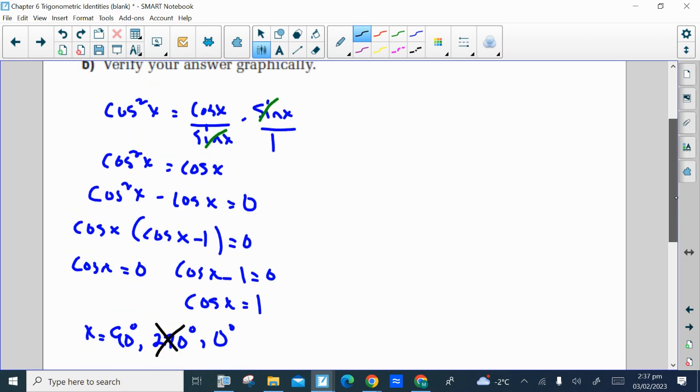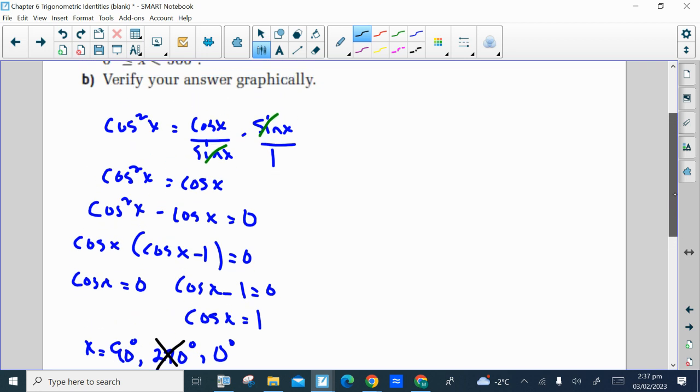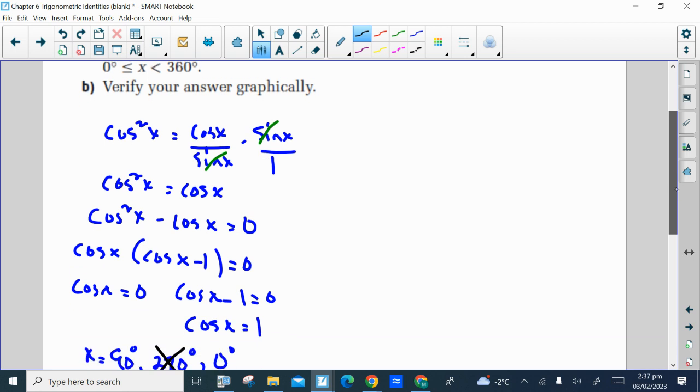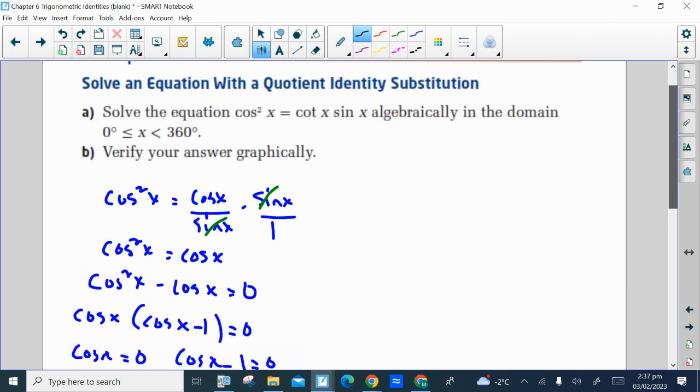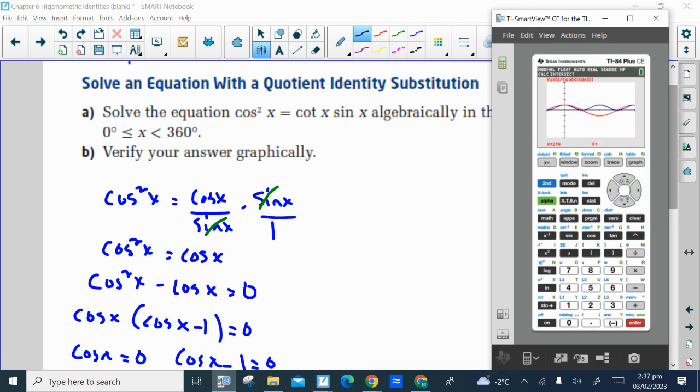Yeah? But it worked for the graph. Oh, and you know why? If we look at, because we did 1 over tan. So had we written it as cos over sine, then I think that would have returned.